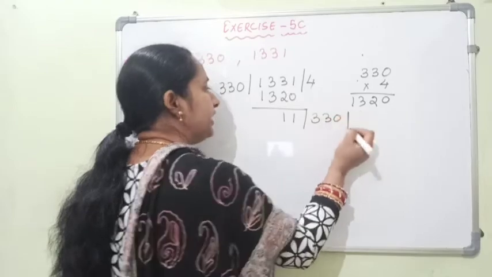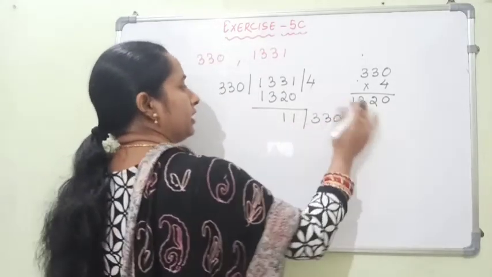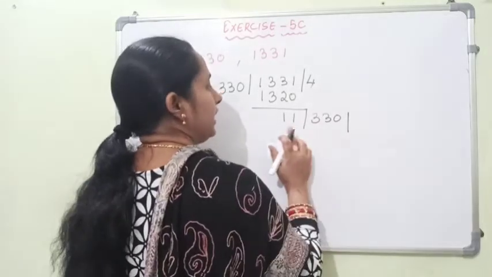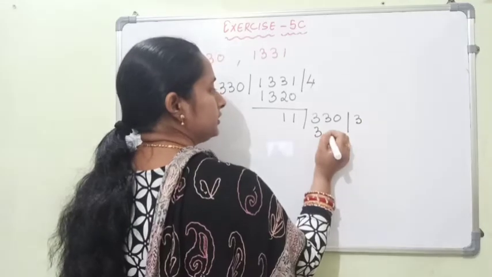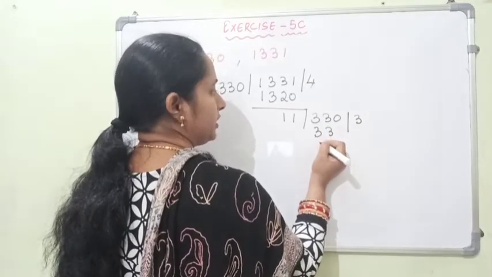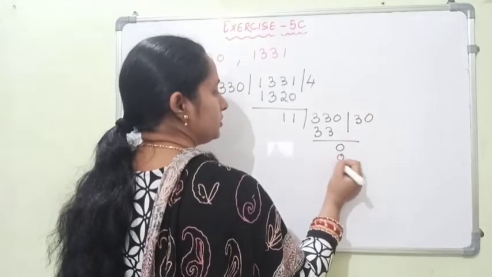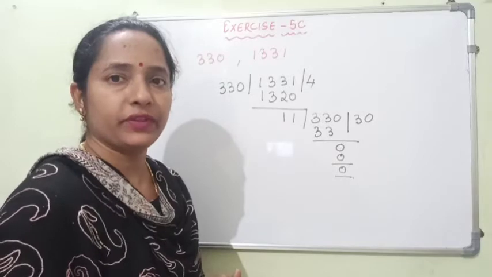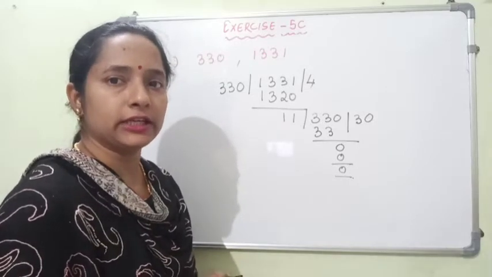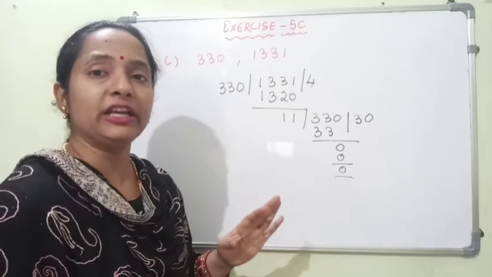Now you divide this 330 by 11. Now let us divide it. 11 how many times will go for 330? 11 3s are 33, isn't it? 11 3s are 33, pull down 0, 11 zeros are 0. So 11 30s is 330. Now for which divisor we got the remainder 0?